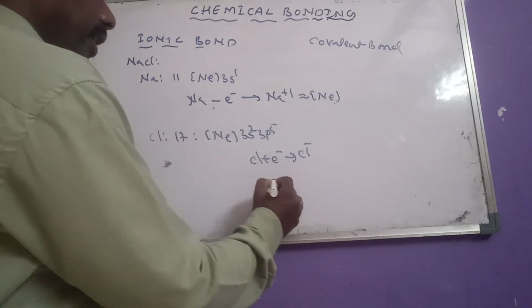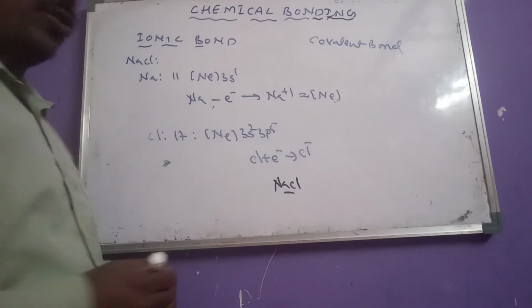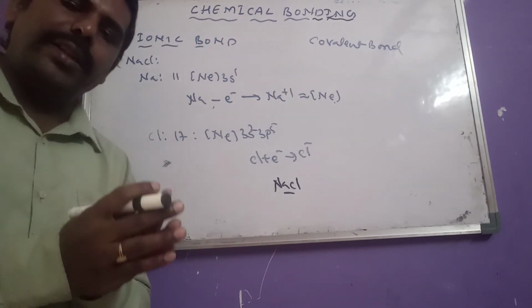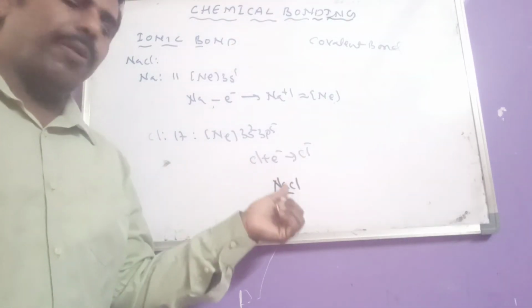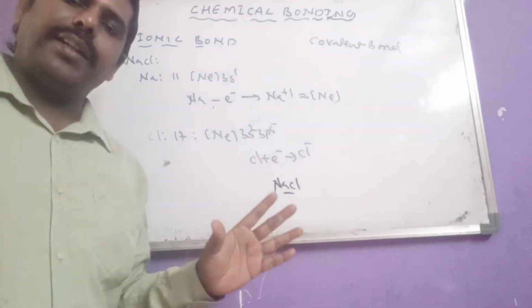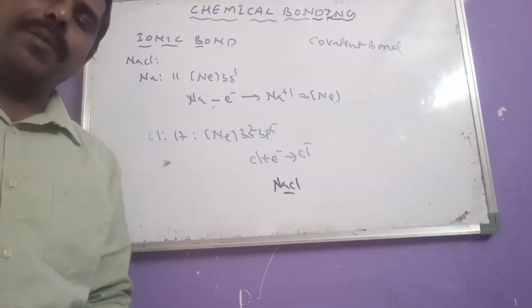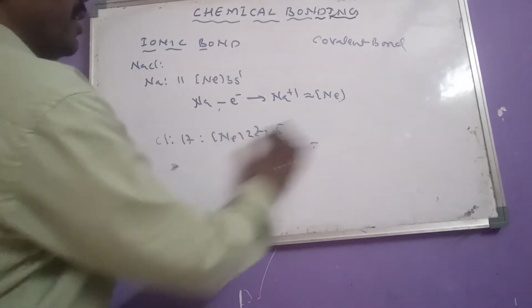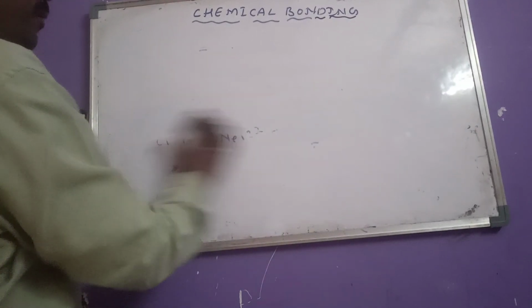Now between Na+ and Cl-, a strong electrostatic attraction is present that will bind the two oppositely charged ions together. That bond is called ionic bond. So like that, NaCl molecule is formed. This is the example for formation of ionic bond.